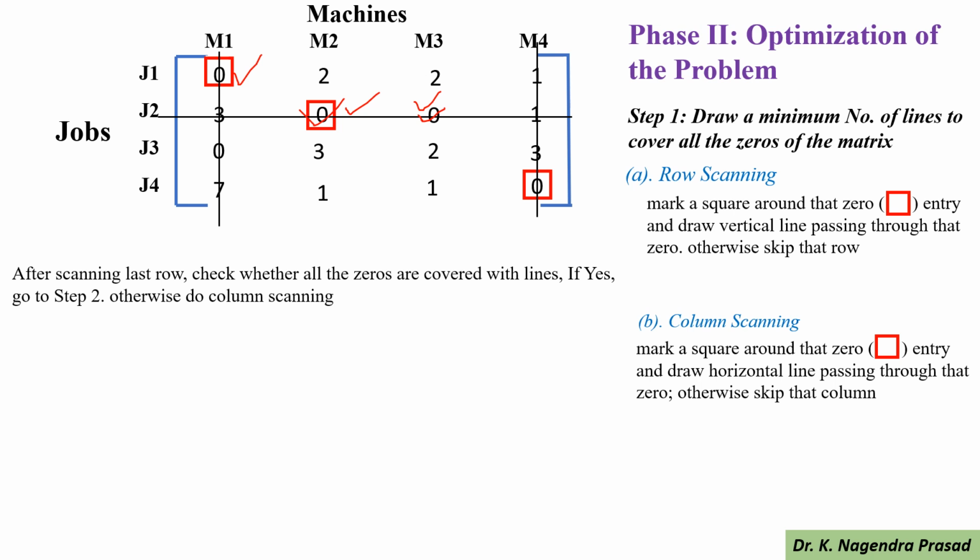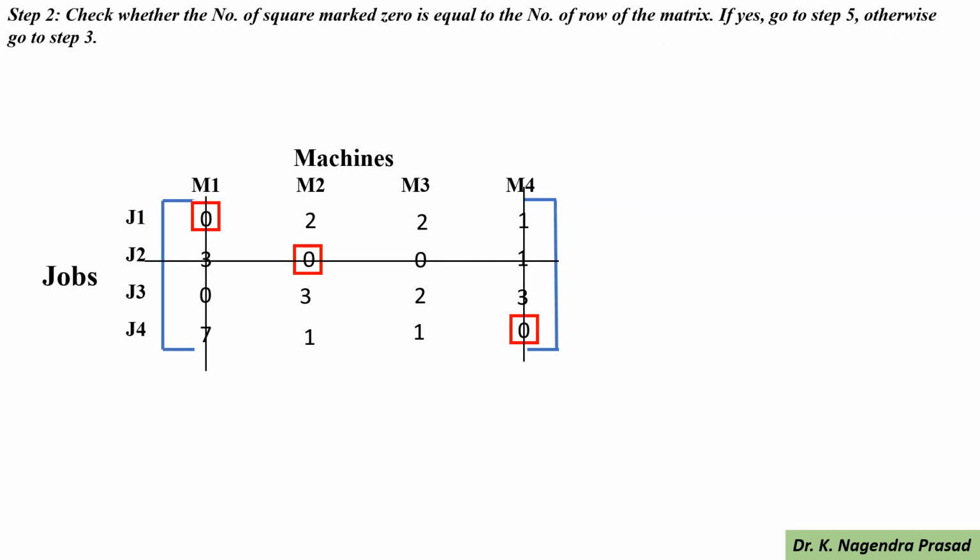The fourth column also has no zeros, so skip the fourth column also. After scanning the last column, check whether all the zeros are covered with these lines. Here, all the zeros are covered with the lines, so I have to go for step 2.